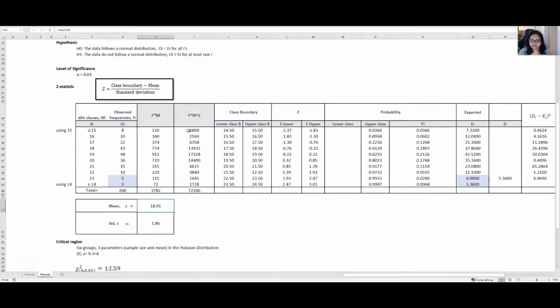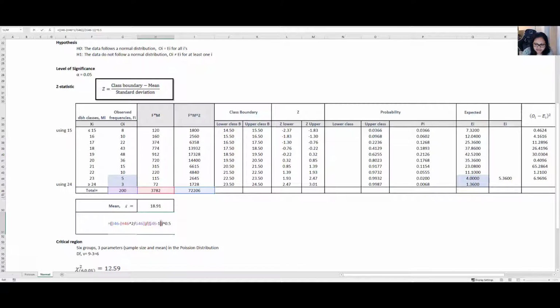What I did is take the square of these values: the frequency multiplied by the midpoint squared, and then I sum them. After that, I did the calculation for the standard deviation. I use the sum of them, minus the sum of FM, the frequency multiplied by midpoint, squared and divided by the sample size, and all divided by n minus 1.